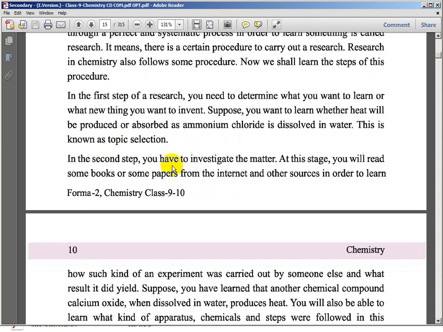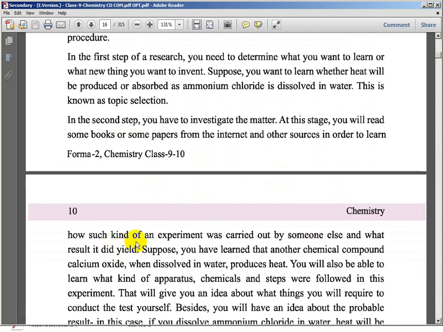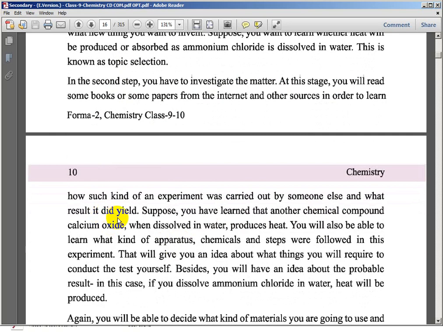Okay, second step, you have to investigate the matter. At this stage, you will read some books and papers from the internet and other sources in order to learn how such an experiment was carried out by someone else and what result it yielded.